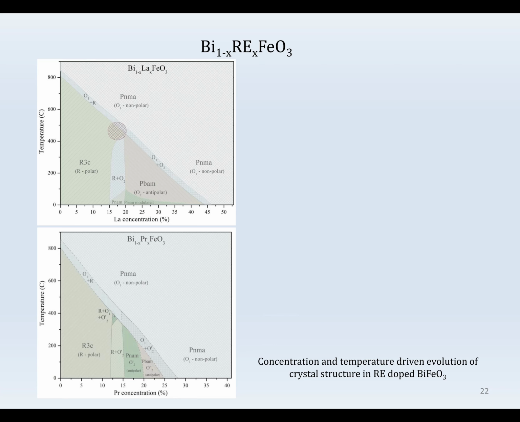This is a phase diagram for the lanthanum-doped system. When we increase the concentration of lanthanum, the crystal structure transforms from polar active rhombohedral to non-polar. Yeah, this is not interesting in terms of applications. But here we have released non-zero magnetization. Here it's cancelled. So we'd like to be somewhere in between.